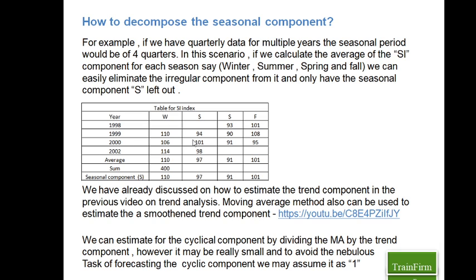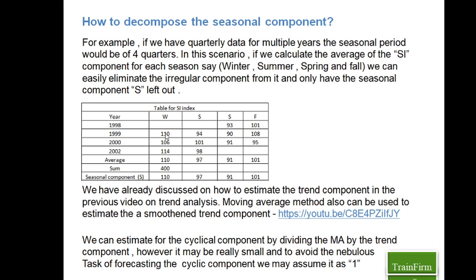Likewise, I segregate all the SI components under summer in this column, and for spring I summarize all these numbers 93, 90, 91, and then finally for fall I will summarize this. So this is the technical way of getting all the SI under each season.